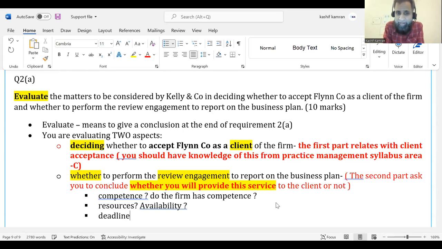What sort of deadline is the management giving you for offering this service? Are the deadlines reasonable for you to offer the service? So you need to realistically evaluate the deadlines, and you need to realistically believe that these deadlines are good enough for you to offer the service. So if someone asks me, can you teach the AAA paper in 2 weeks?